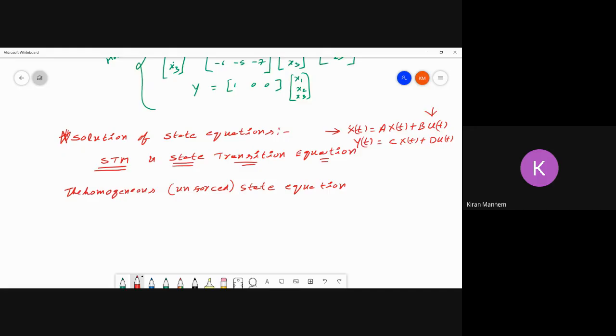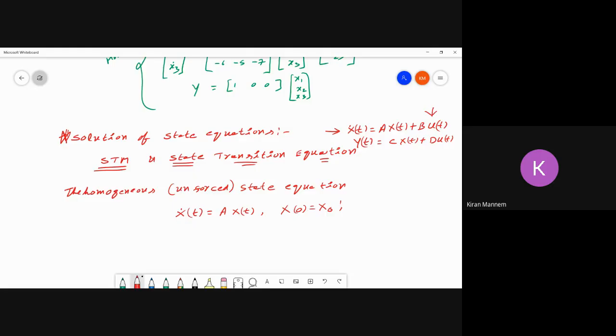To solve this, let us start with the unforced state equation. That is x dot of t would be A into x of t, comma, x of 0 is x naught, right? So this is your unforced state equation.